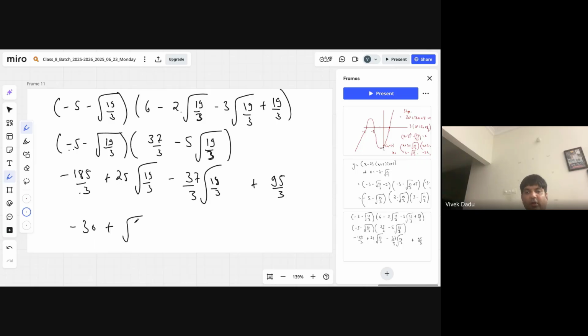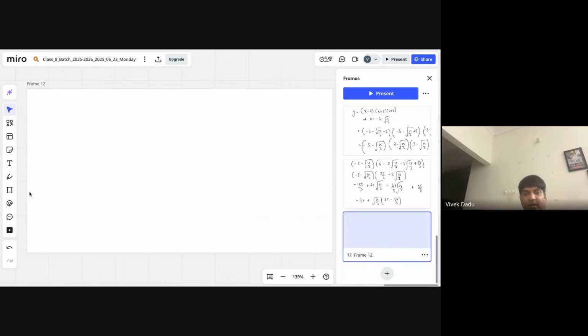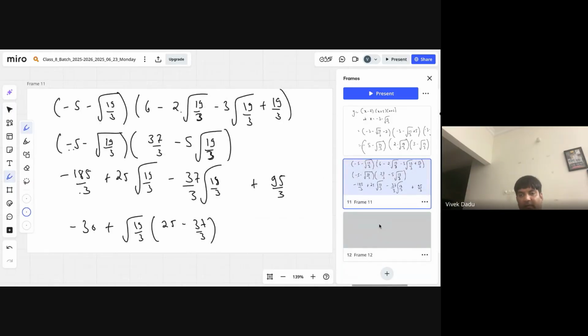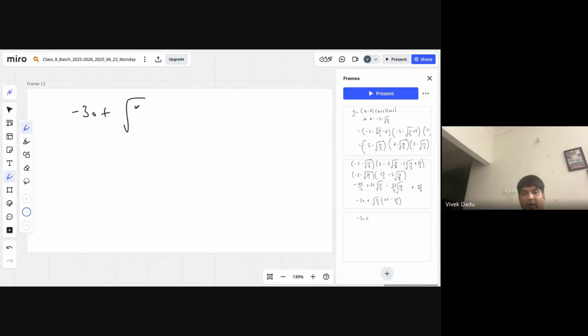This, if you take root 19 by 3 common, 25 minus 37 by 3. So you get minus 30 plus root of 19 by 3, and you get 38 by 3.